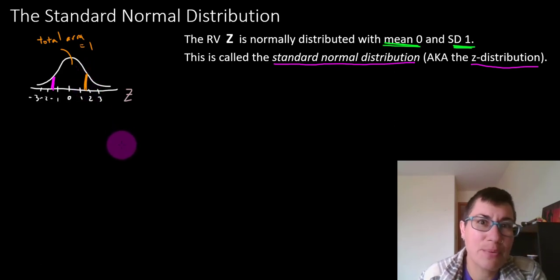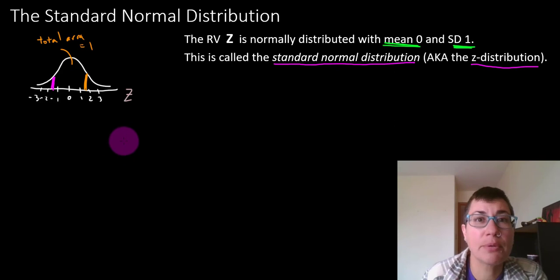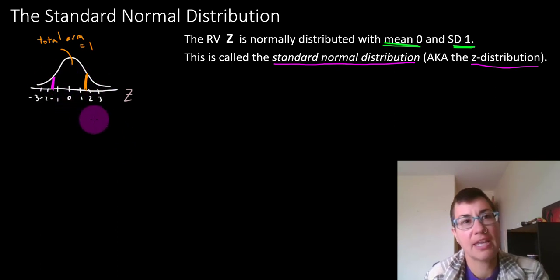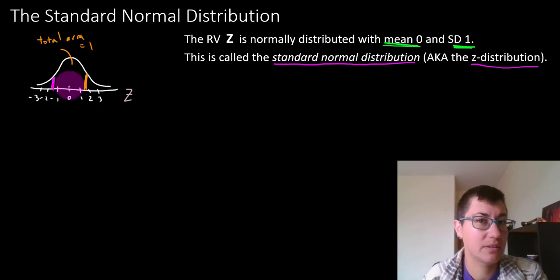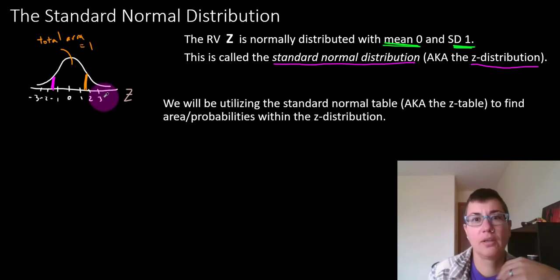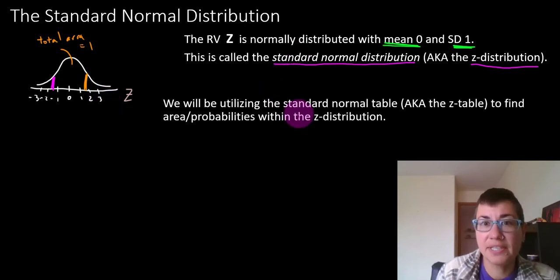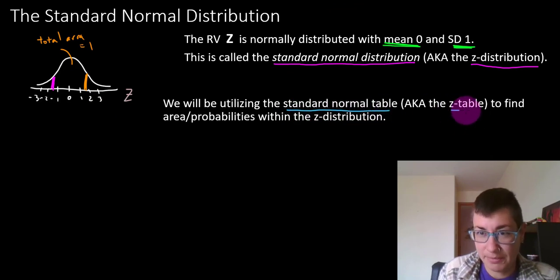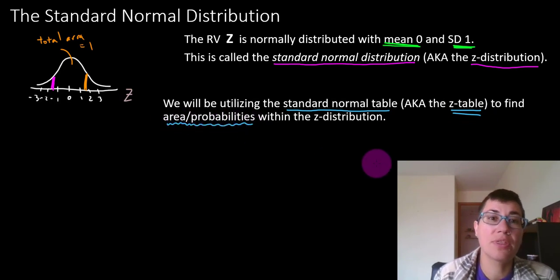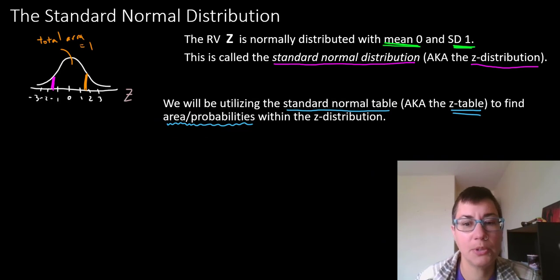So well that we have a table that will give us the area for just about any region we want under this curve, so for any variable that is normally distributed. We will be using this standard normal table, I sometimes call it the Z table, to find area or probabilities within the standard normal distribution.